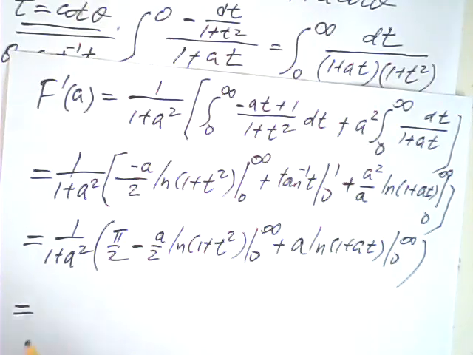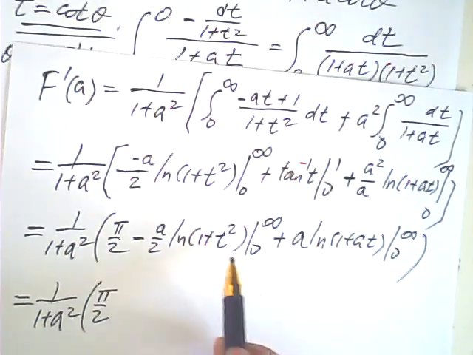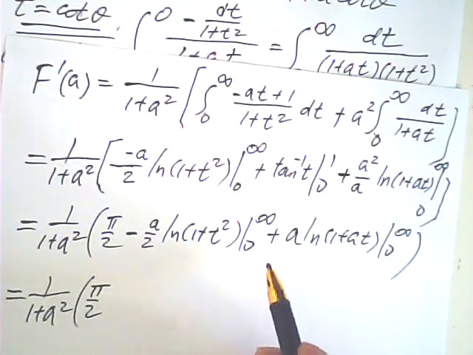Okay, good. So this is 1 over 1 plus a squared. Now these two can be combined.